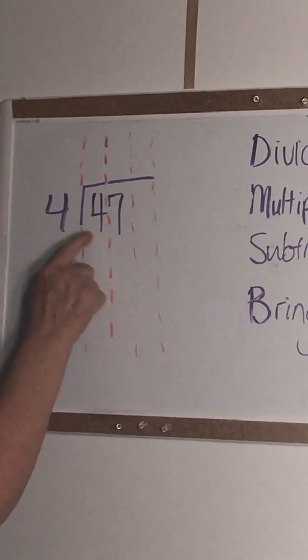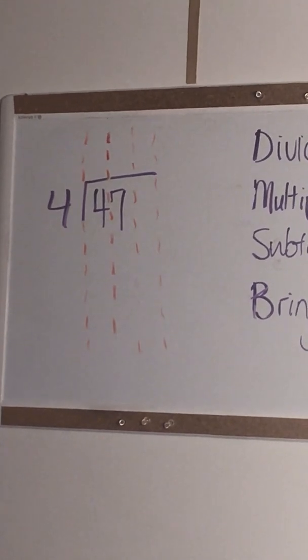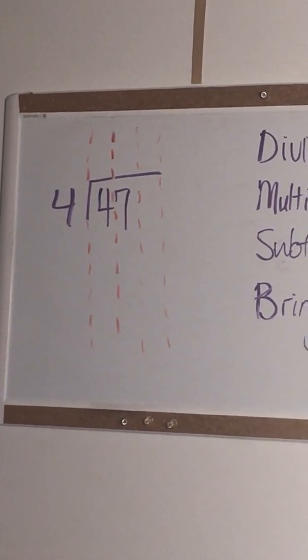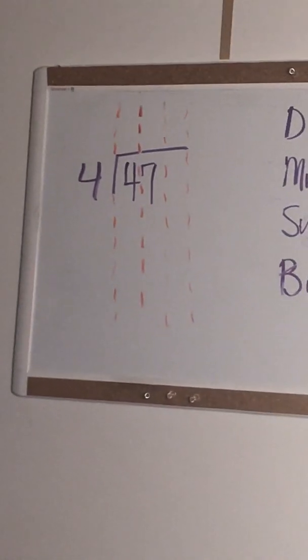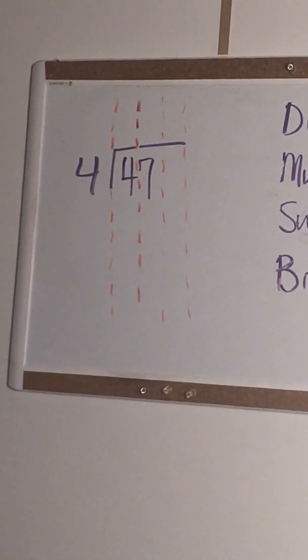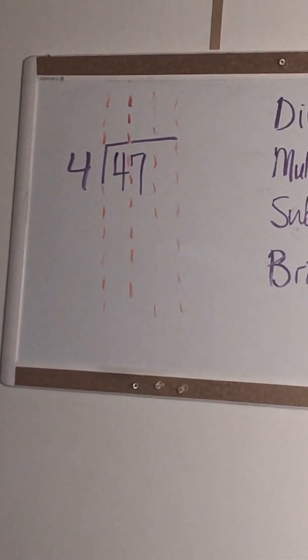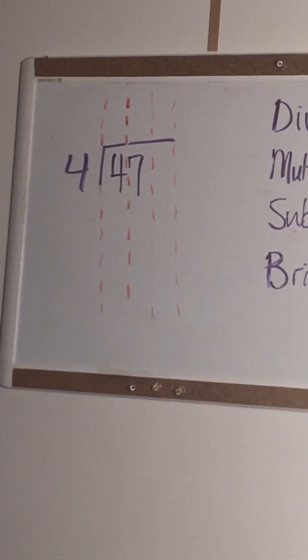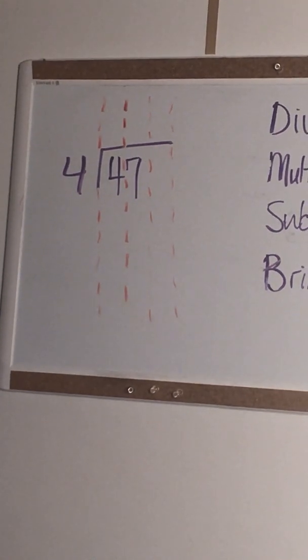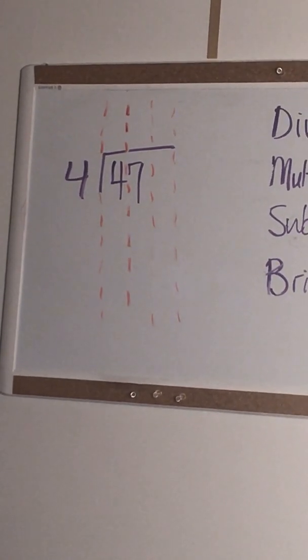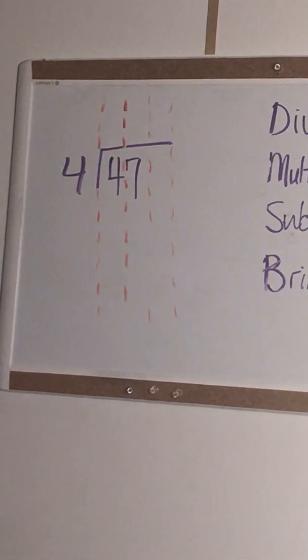So if I know 4 divided by 4 is 1, I know that 5 divided by 5 is 1. I know that 10 divided by 10 is 1. I know that 100 divided by 100 is 1. So what would be 1,000,000 divided by 1,000,000? You got it, 1. Any number divided by itself is always 1.